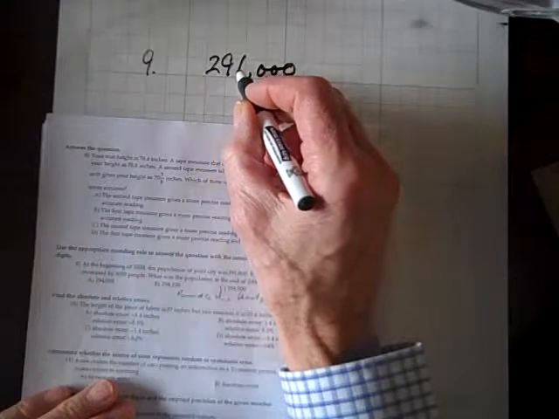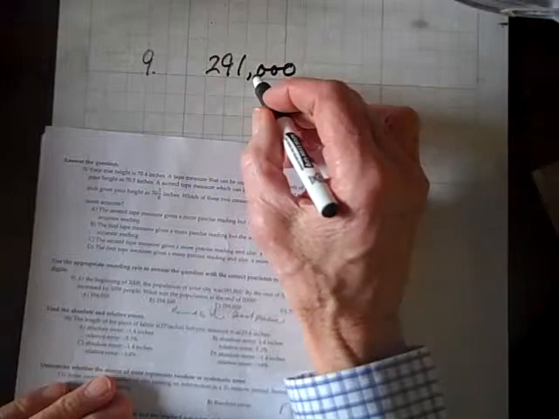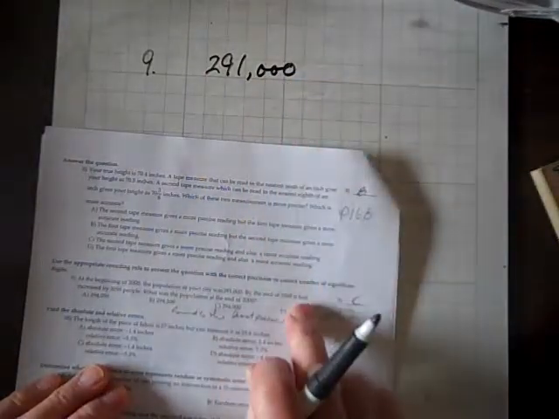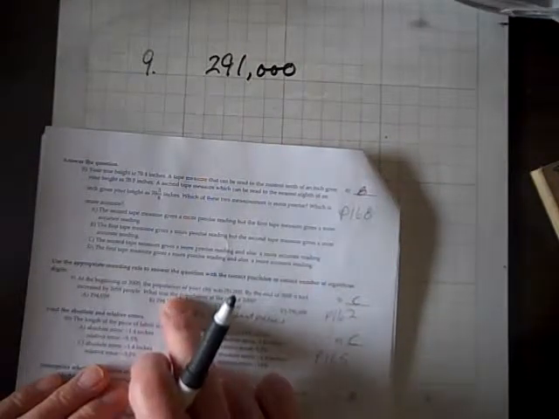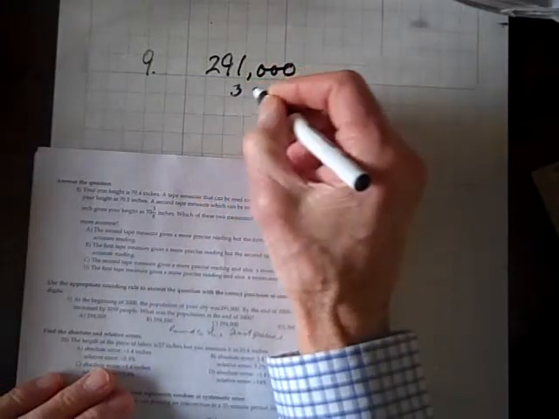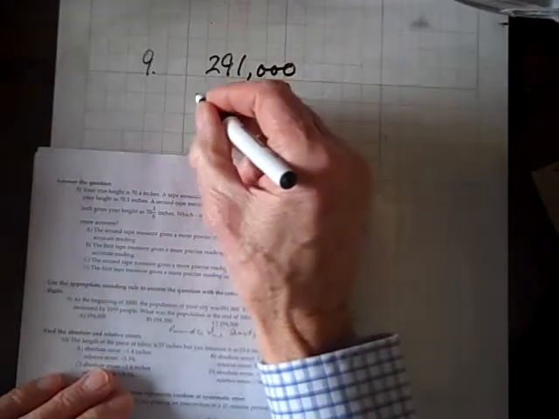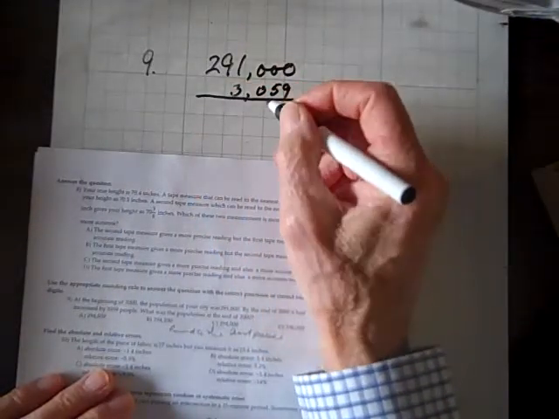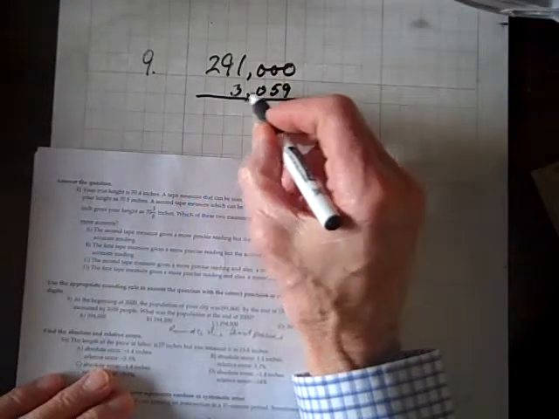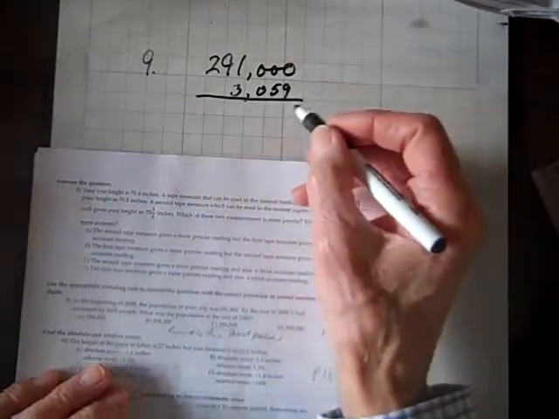The third digit, the final digit, is always an estimation.